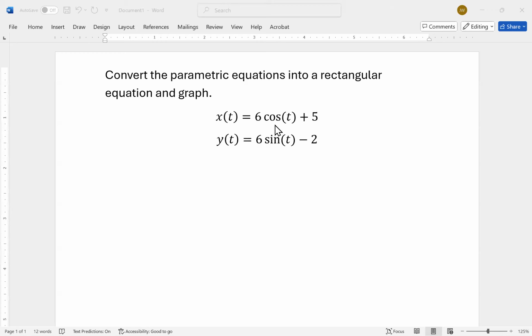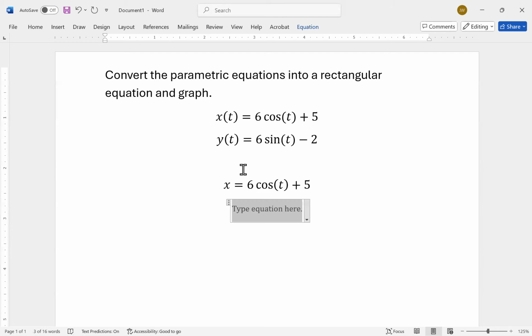Because one of them involves cosine of t and the other involves sine of t, what I can do is take my equation that is essentially x equals 6 times the cosine of t plus 5, and instead of solving it for t, what I'll solve it for is cosine.